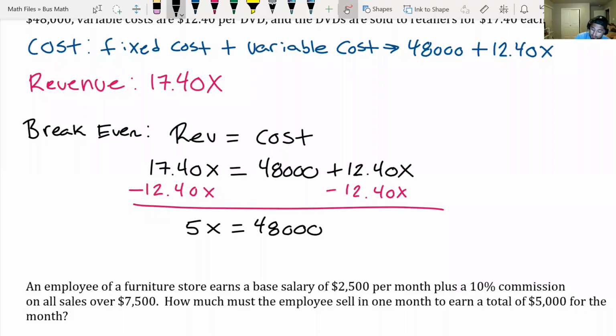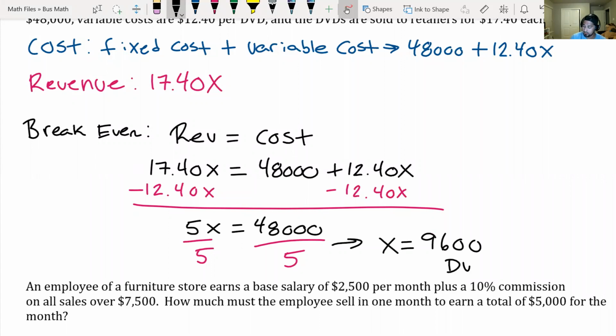So now I'll divide by 5. And I get x is 9,600 DVDs.